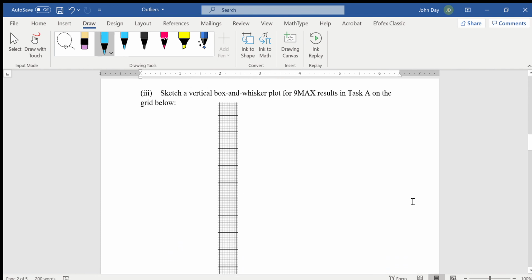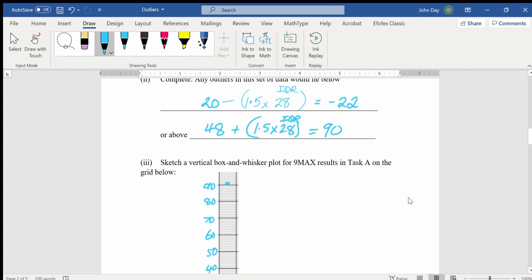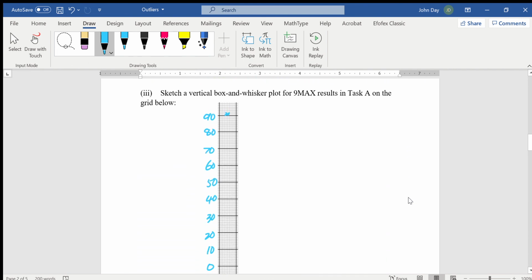So say here's your diagram. Let's label this up: 0, 10, 20, 30, 40, 50, 60, 70, 80, 90. 91 is going to be a cross on there, because you're only allowed to go to 90 according to the outlier rule. Now, Q1 is 20, Q2 is 40, and Q3 is 48.